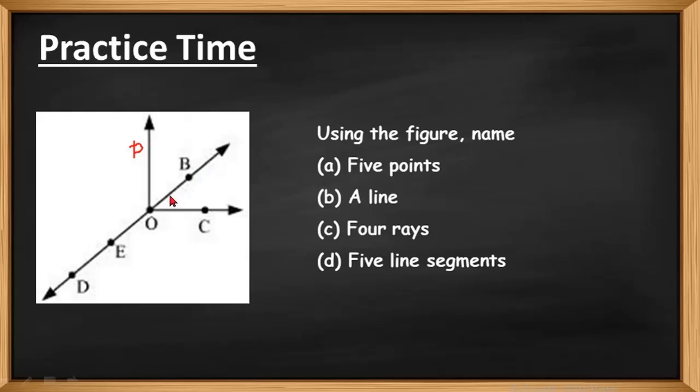But wherever we write OB as a line segment, we give a line segment sign above the OB, so that we know OB is a line segment and it cannot be extended further. Okay.